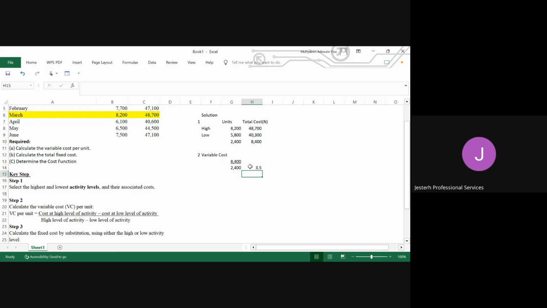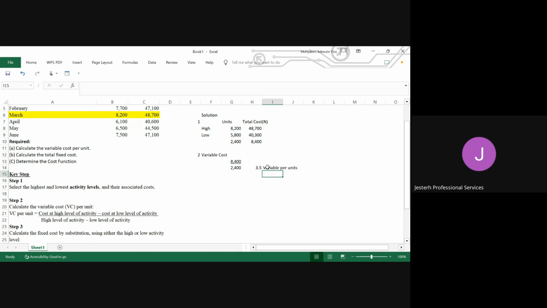Now you can see this is our variable cost per unit, using the formula based on step two.